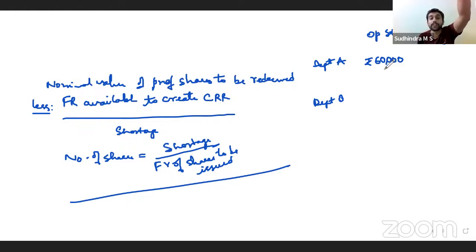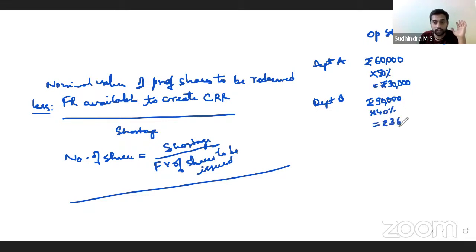Its gross profit is 50%, so unrealized profit included in this is 50%. Gross profit is percentage on sales. So 60,000 into 50%, 30,000. Same way, department B opening stock 90,000 was received from department A. Gross profit is 40%, so unrealized profit included here is 40%, which is 36,000.